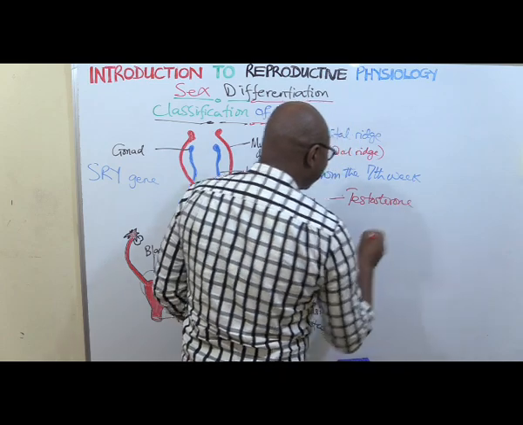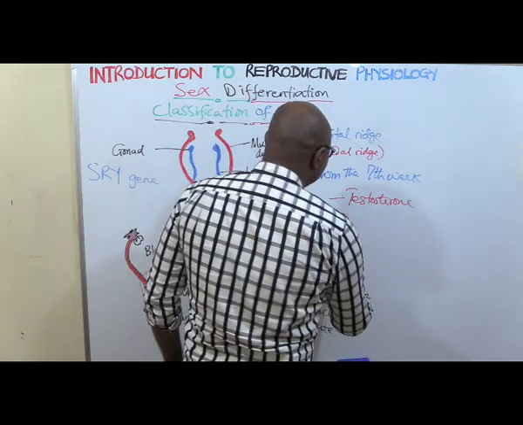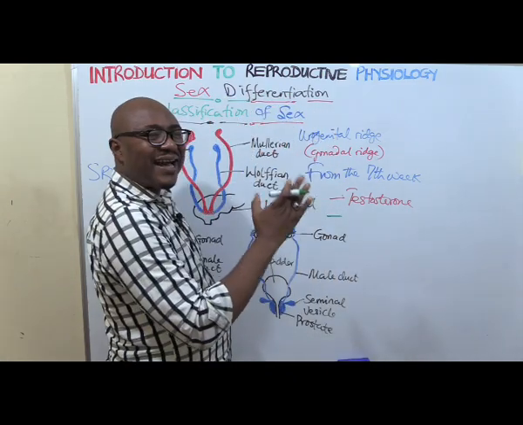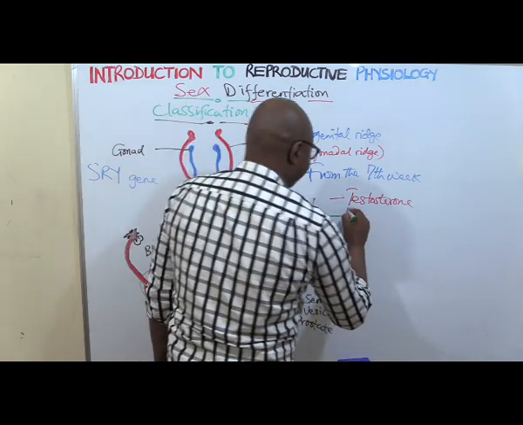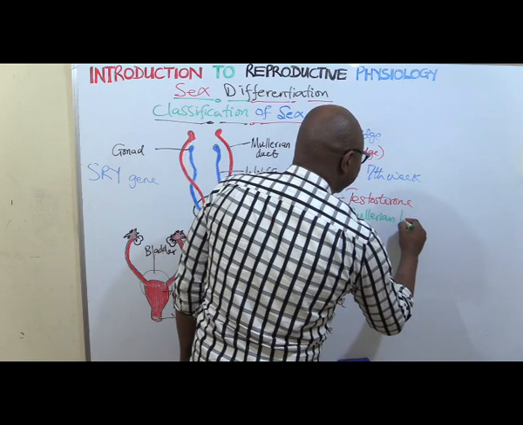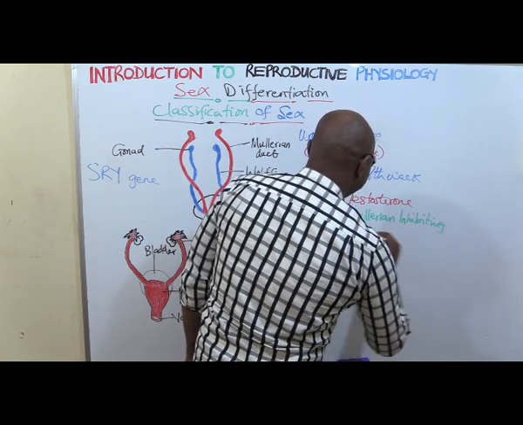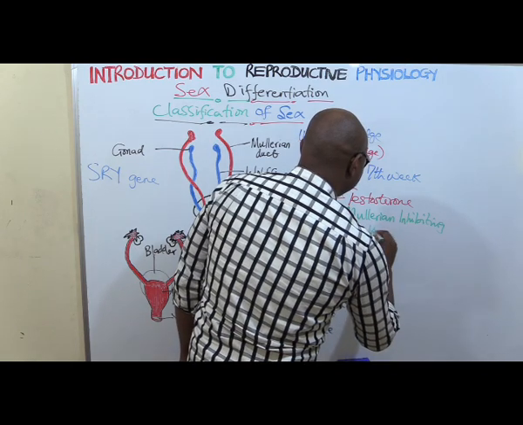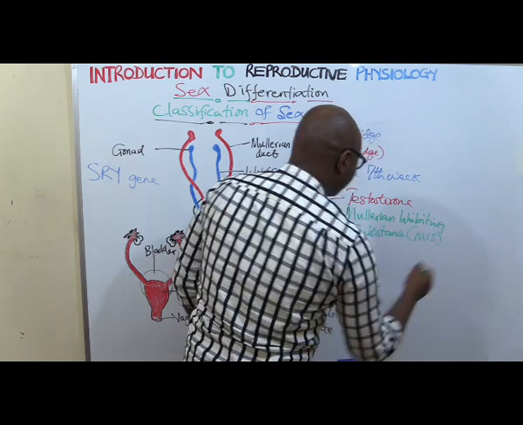Testosterone begins to be secreted, and the next one is called Mullerian inhibiting substance, MIS for short.